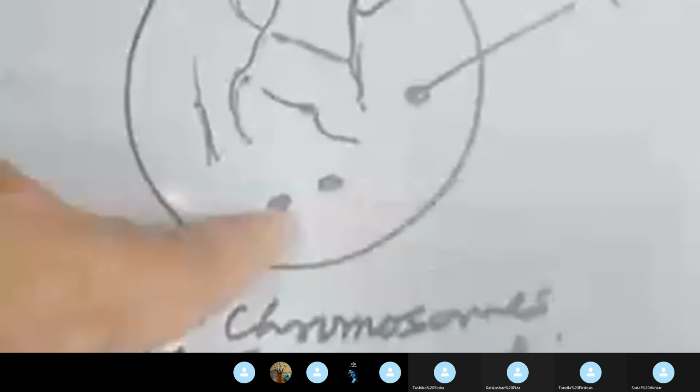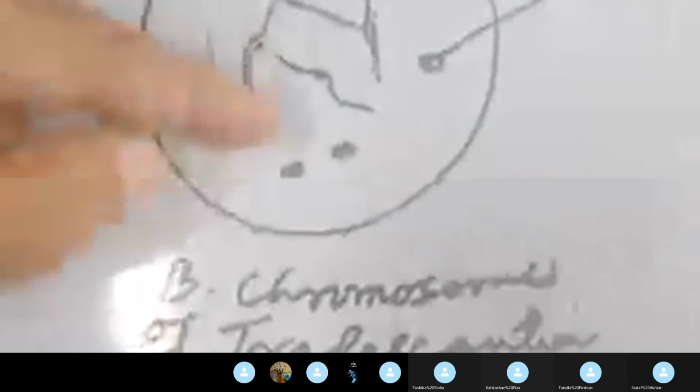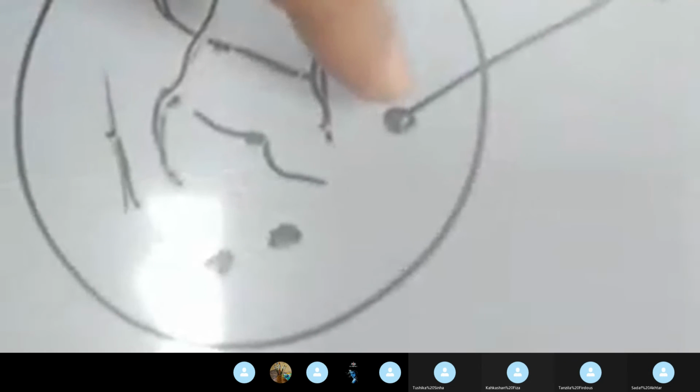Look here: one dot, two dots, three dots, four dots, and more than that. The various dot-like structures shown in this cell represent the B chromosomes.